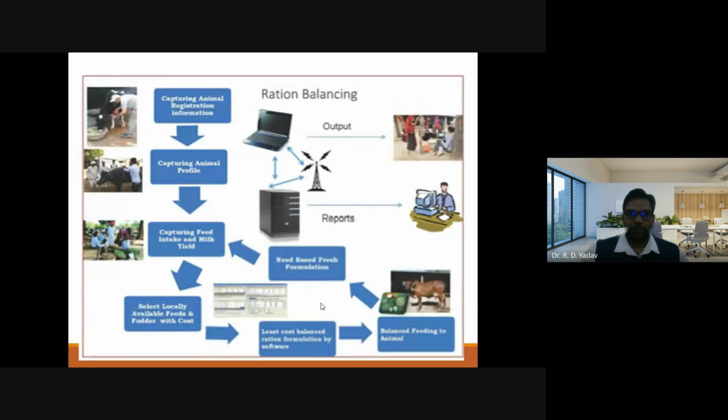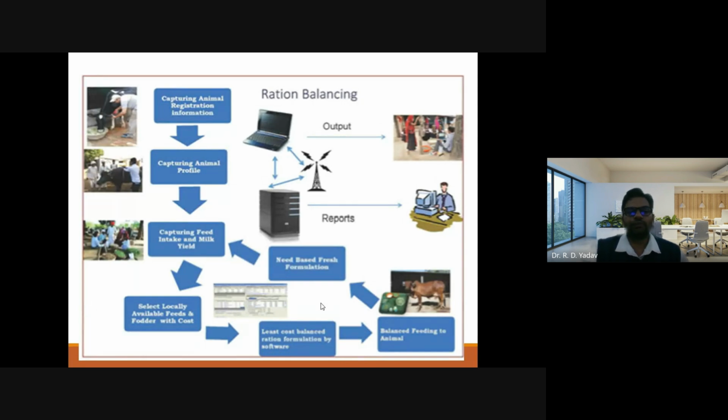Another ration balancing program was run by NDDP from 2017 to 2022. I was a part of that. We used the linear programming software INPAR, where a laptop was given with this software.